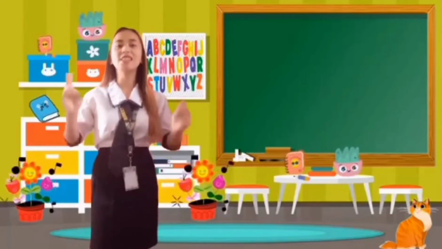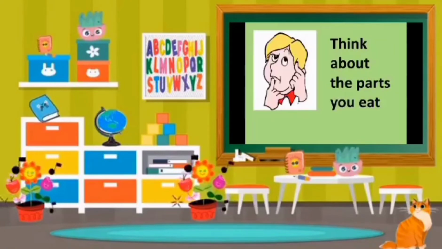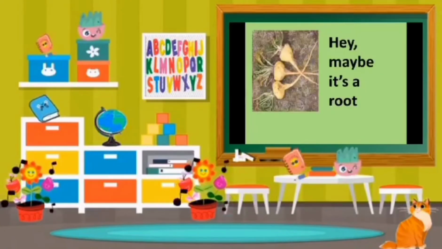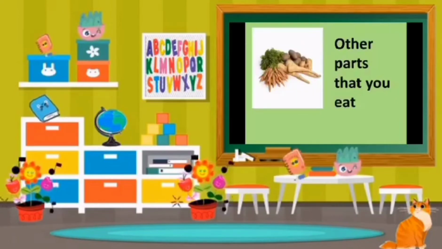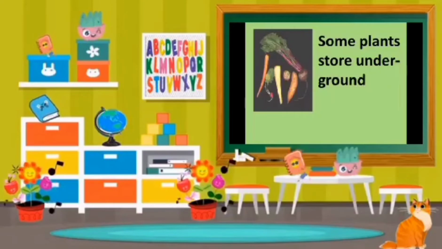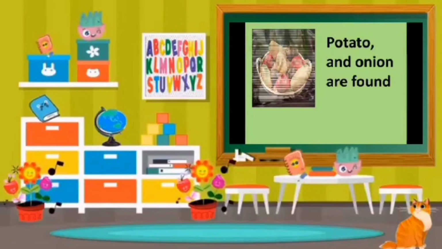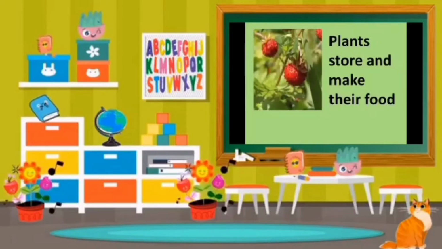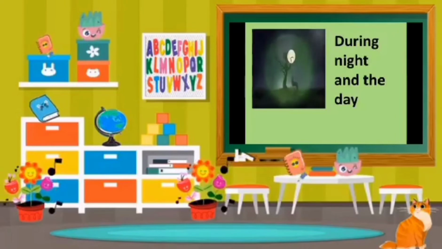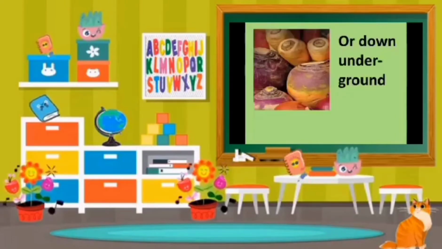1, 2, 3, sing. Next time you look at a plant, think about the parts you eat. Hey, maybe it's a root, or a stem, or a leaf. Other parts that you eat, some plants store underground. That's where a radish, potato, and onion are found. I guess it's safe to say, in their own special way, plants store and make their food during night and day, whether found up above or down underground.